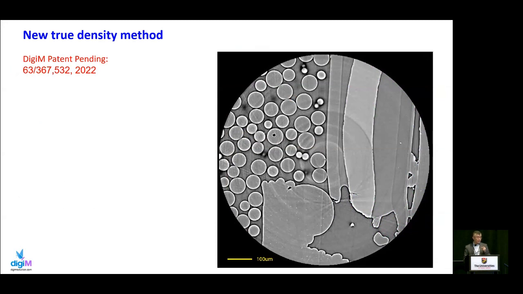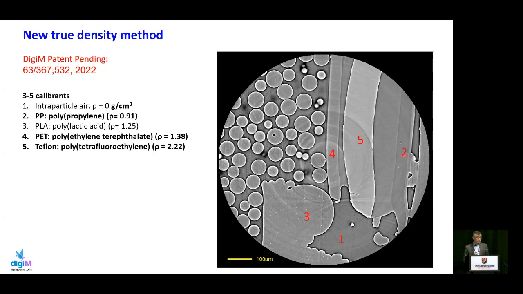Or we can use NIST standard material, such as PP, PET, and Teflon. Once we use this standard density material, we can build a density to intensity correlation. Using this correlation function, we can convert each and every pixel in our three-dimensional space from intensity to its true density.